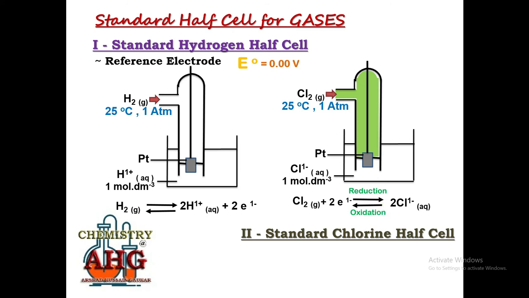Since chlorine is a non-metal, and non-metals prefer to gain electrons, reduction will dominate. When reduction dominates, this half cell in relation to hydrogen will become the cathode, because reduction always takes place at the cathode, and this half cell would get a positive charge.